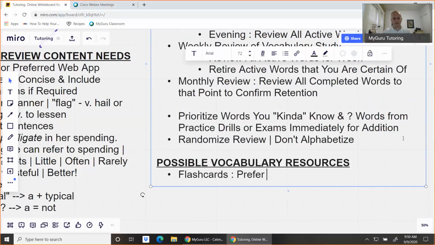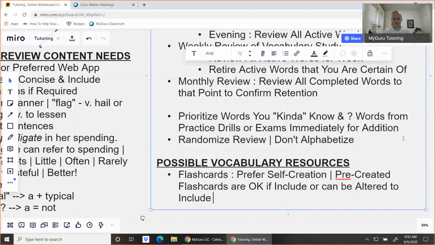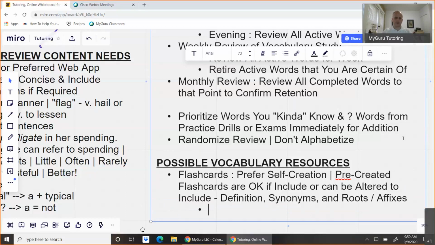I personally prefer self creation, but pre-created flashcards are okay if they include or can be altered to include those three pieces that we talked about: the definition, synonyms, and roots and affixes.